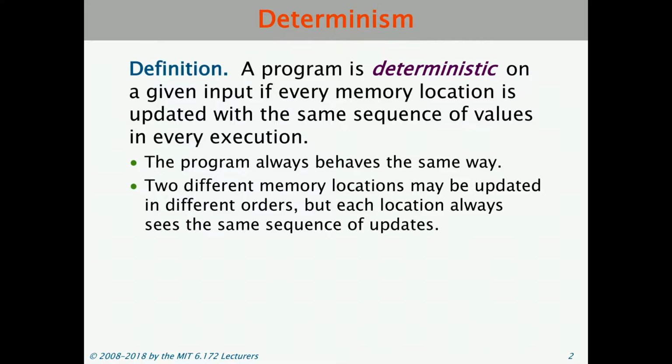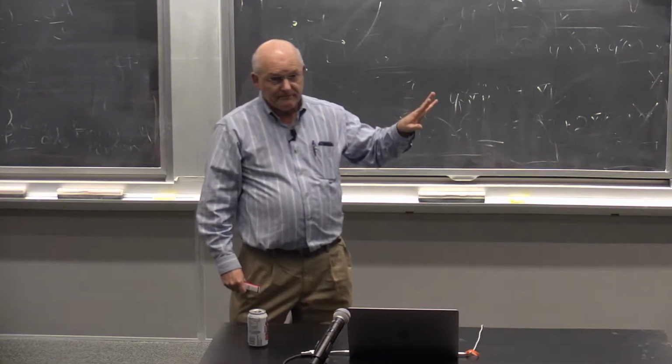There are lots of definitions of determinism. This is not the only one. There are some where people say it only matters if the output is always the same. And there are others where you say, not only does it have to be the same, but every write to a location has to be in the same order globally.